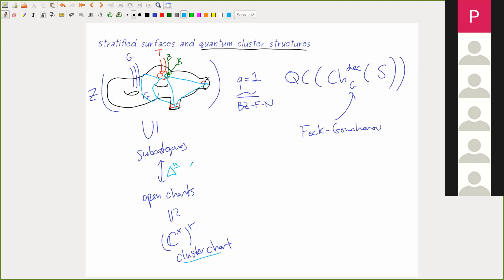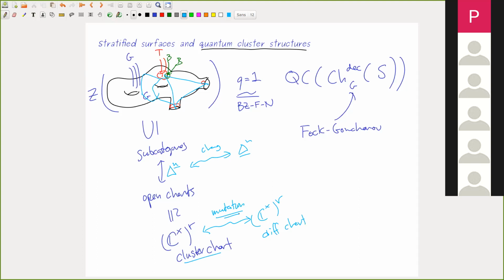And as you change triangulations to a different one, you get a different copy of C star to the R, so a different chart. The change of triangulation corresponds to something that they call a mutation.